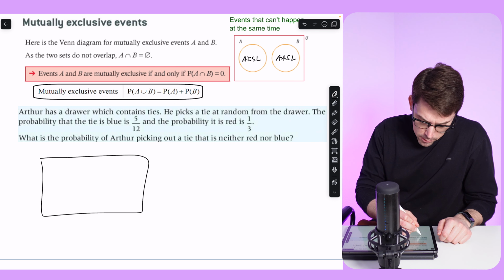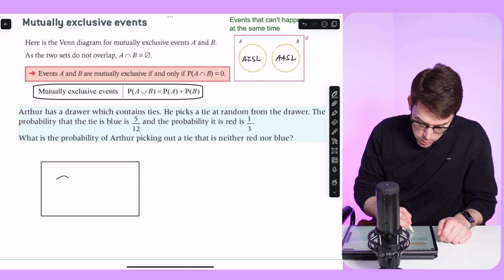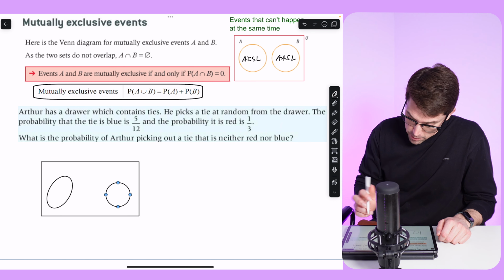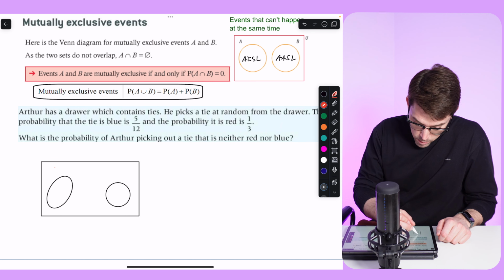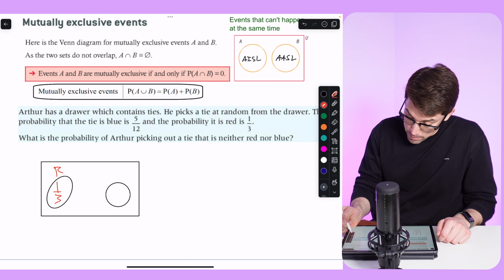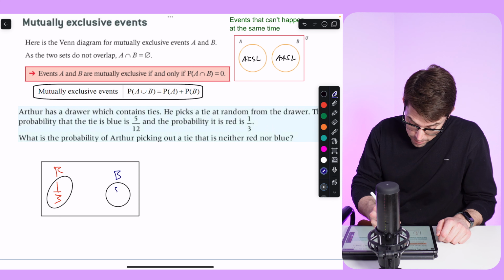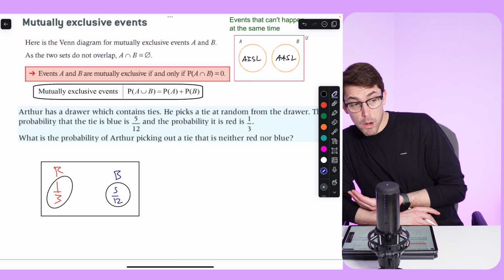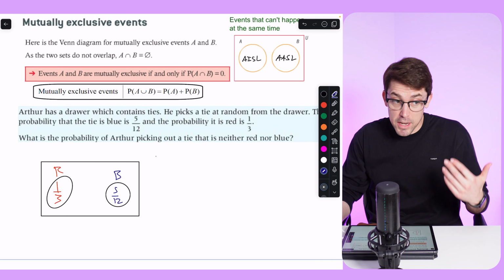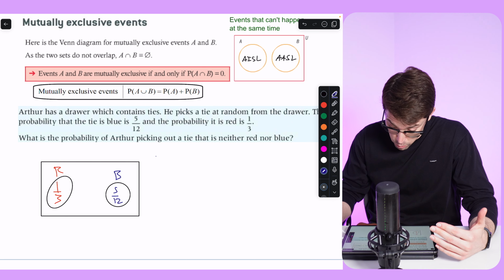So if I drew my little universe box here, and then I drew one circle over, I guess it's an oval, over here and over here, I would have my red tie over here, and I know that that's 1 over 3, and then I would have my blue tie over here, which I know is 5 over 12. So what's the probability of them being neither? So remember, I want the probability of it not being blue or red.